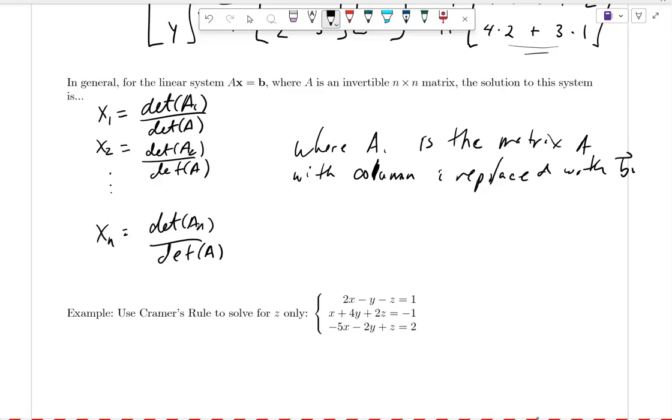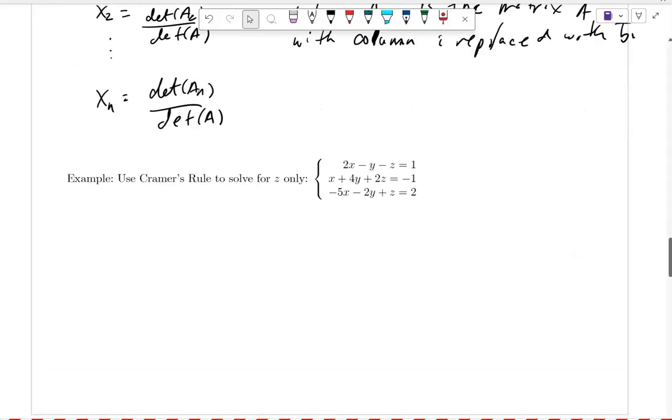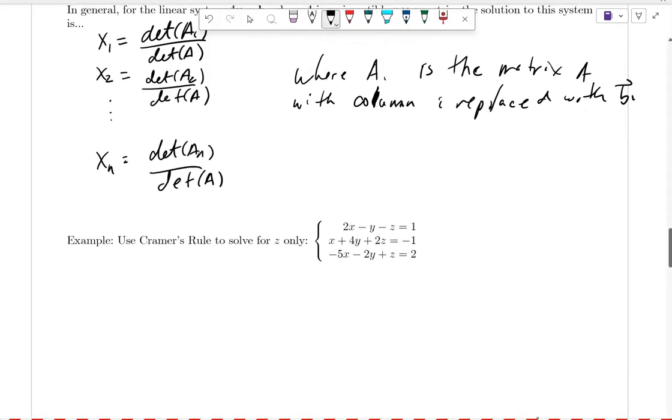So for a 2x2 system, it's pretty fast. 3x3, it's not so bad either. You get bigger systems, it takes a little bit longer unless you've got lots of missing entries. All right. So let's do this one. What's your matrix A?